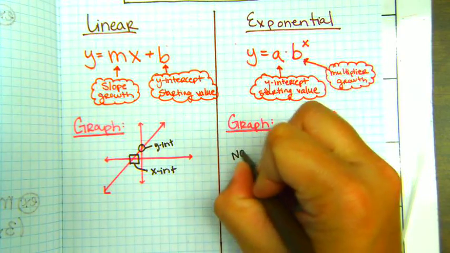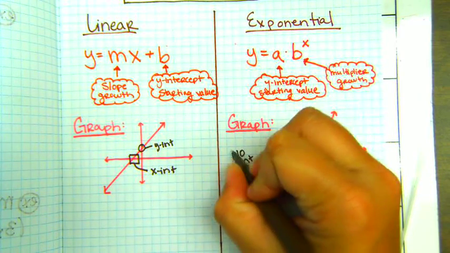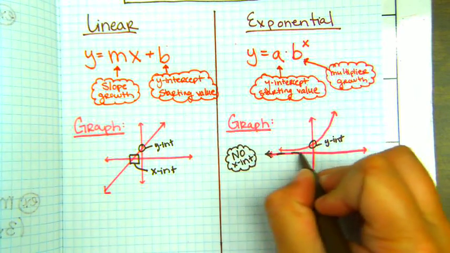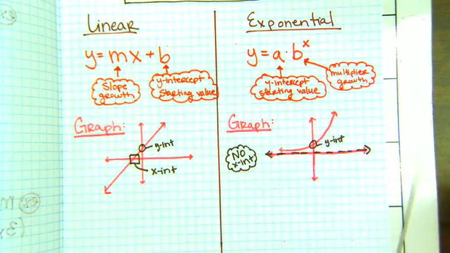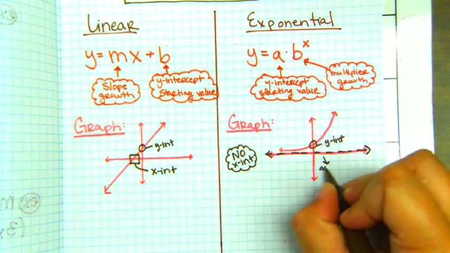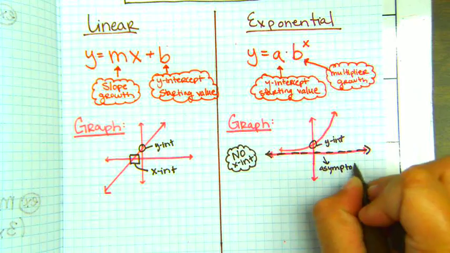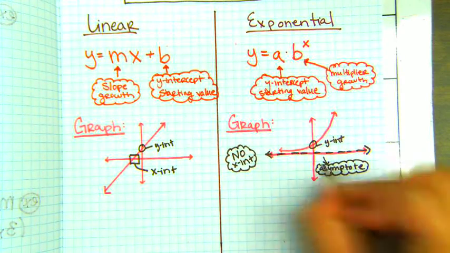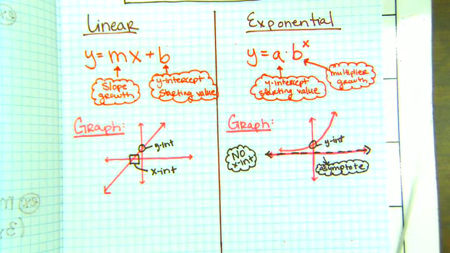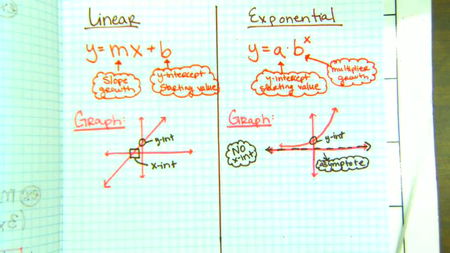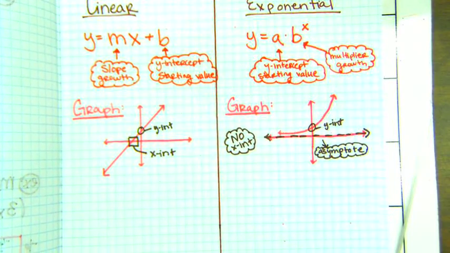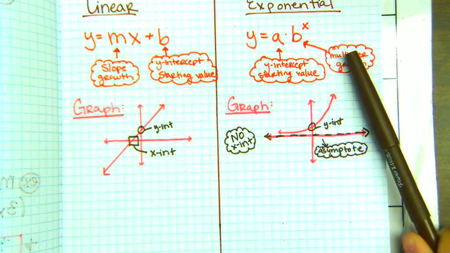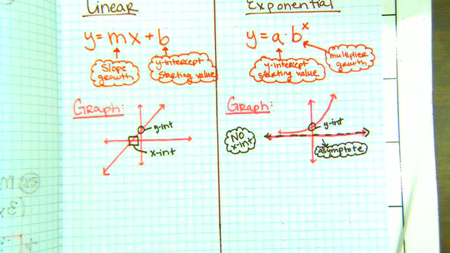So I'm going to write that down. No x-intercept. They have something else. They have a line right here that will never get touched, and that is called an asymptote. So a linear function does not have an asymptote, but exponential functions do. That's one main difference. You'll notice that in the linear function it goes up at a constant rate. This one goes up very fast, not at a constant rate. That's the difference.